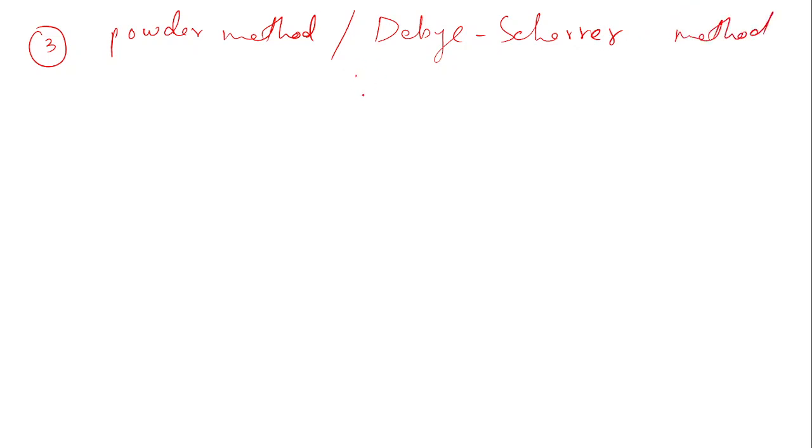In this also we keep lambda fixed, we use monochromatic X-ray, and we vary the grazing angle to get all the peaks from all the possible planes. Why do we vary and why do we want to get all?